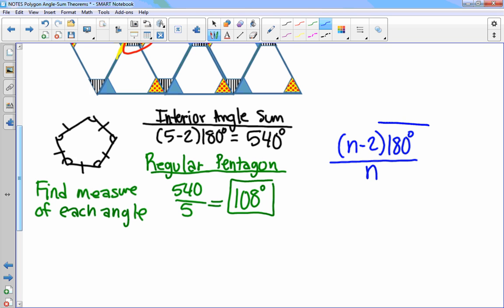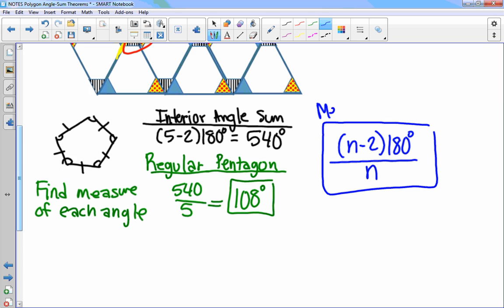This is the formula to find the measure of each angle of any regular polygon. Sorry, I am reading the wrong section of my book today.